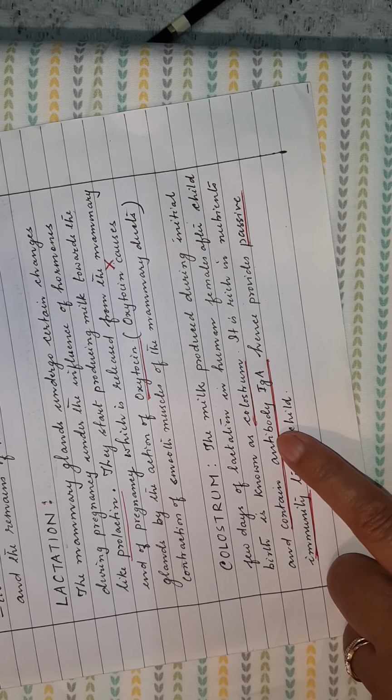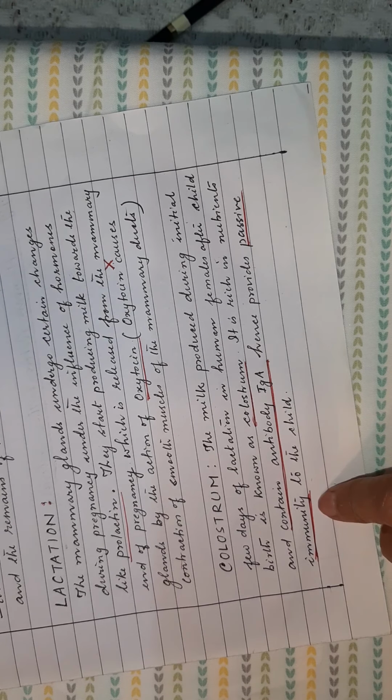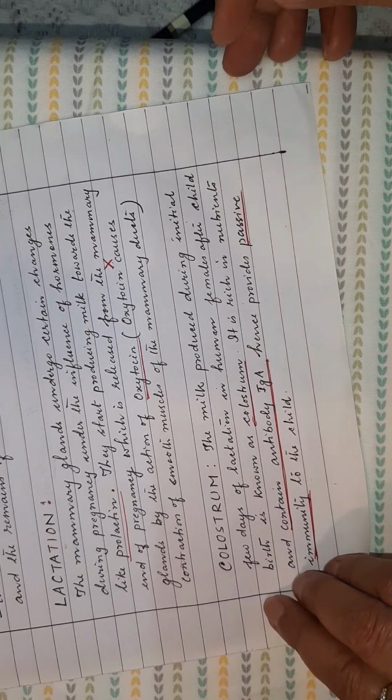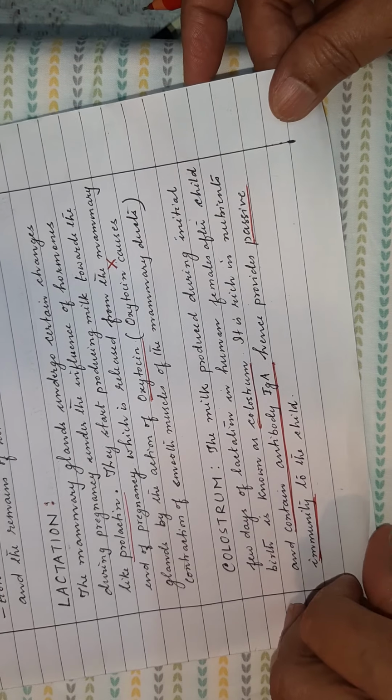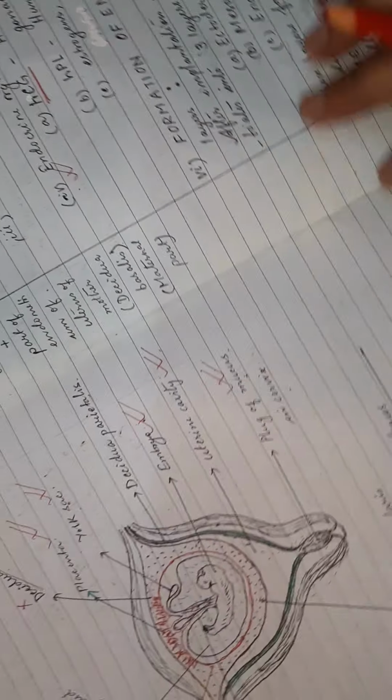Since colostrum is very rich in the antibody IgA, the child gets passive immunity, that means resistance against different infectious diseases. So colostrum is rich in nutrients and provides passive immunity due to the presence of antibody IgA.